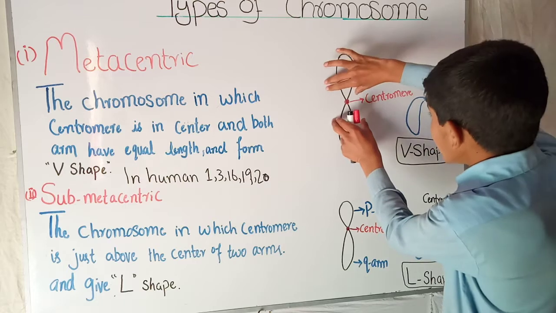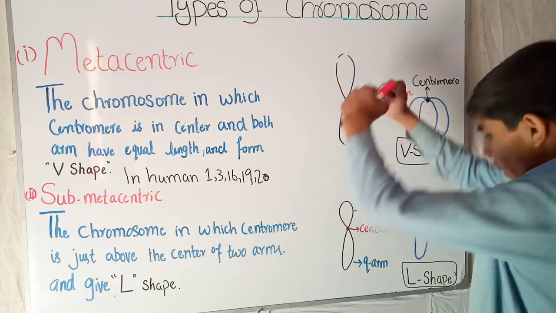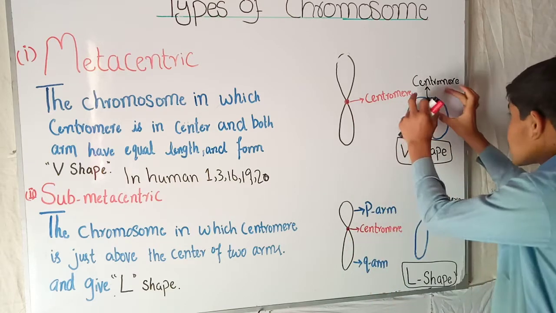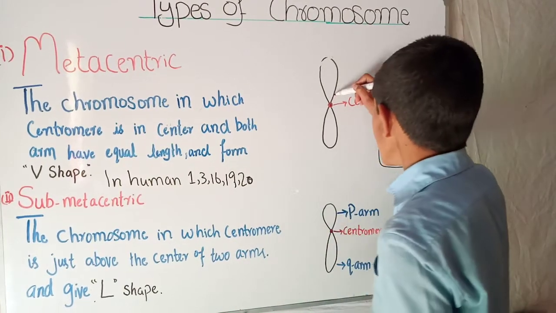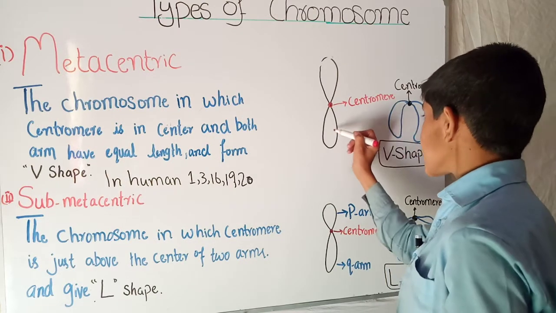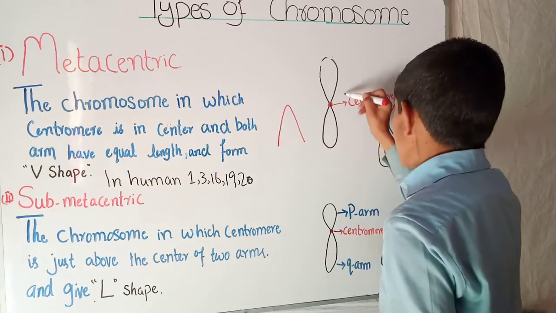If we make it a coil structure, it breaks like this. If we fold this arm down and this one also down, it will make a structure like this.